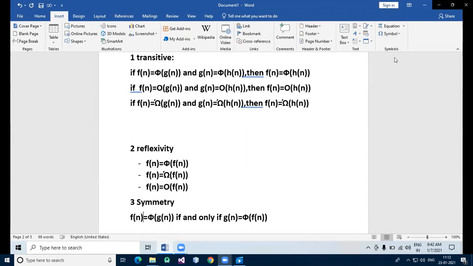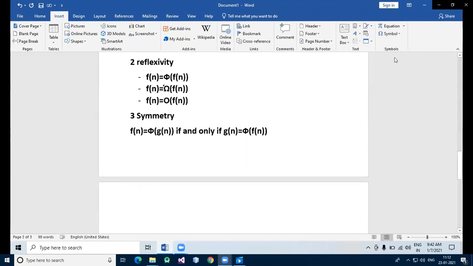So the next one is transpose symmetry. Let's see this transpose. The fourth one is transpose symmetry.